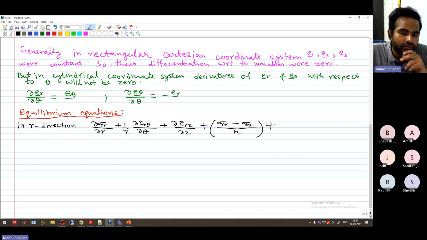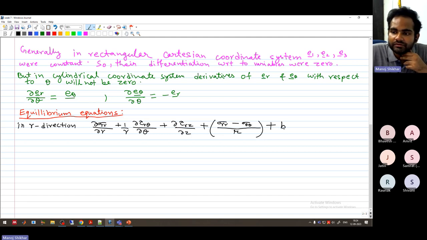So every time it will appear with 1 by R. You will see this a lot in the cylindrical and spherical coordinate systems. Here also sigma r minus sigma theta has the unit of pressure, that is Pascal, and r is length, so Pascal by length. Here also the differentiation of a stress component with respect to z is Pascal by length.